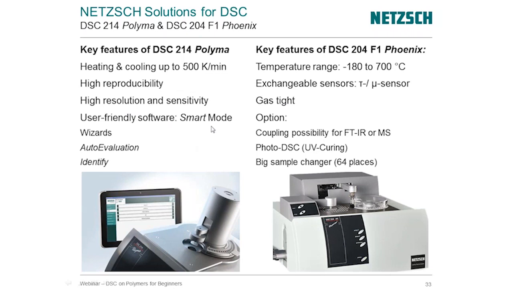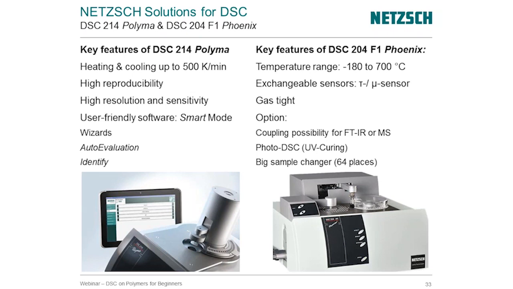The smart mode interface allows us to set up methods almost in the blink of an eye. And then we've got built-in wizards. Automatic evaluation capability is really cool. You can essentially program the unit to automatically characterize and give you all the different evaluation points of the sample, glass transition, crystallization point, melting point, so forth, and just with a click of a button.